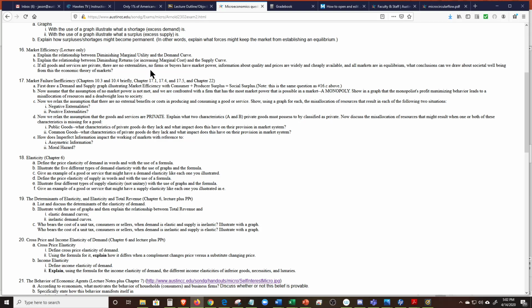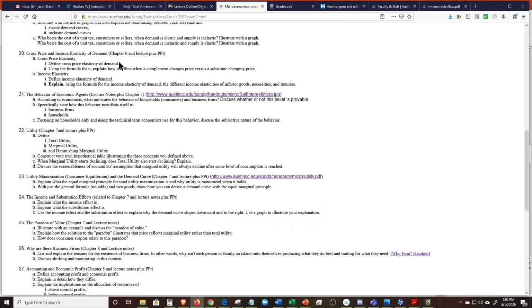Social welfare is being maximized. Consumer and producer surplus is being maximized. Resources are being allocated to where they're needed, and they're being used efficiently in those places. So that's where we're getting to.